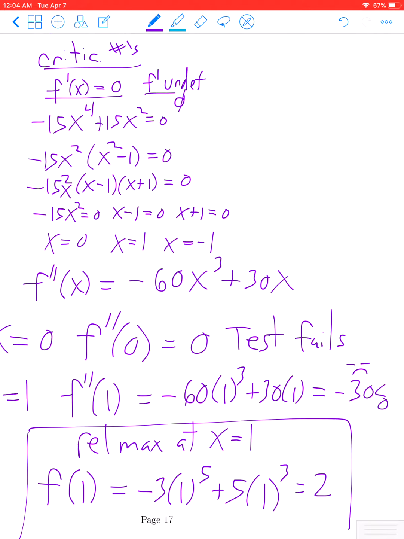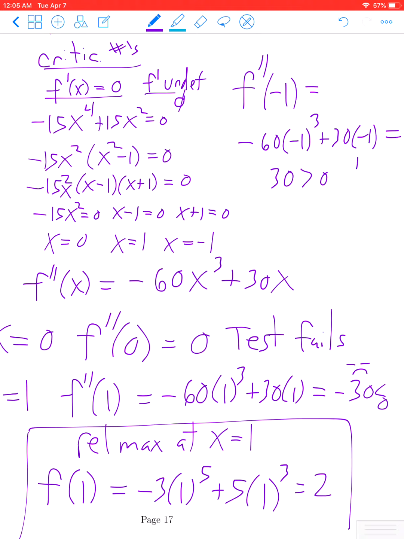Let's see what's going to happen with negative 1. If I look at f double prime of negative 1, this would be equal to negative 60 times negative 1 cubed plus 30 times negative 1. And this would be equal to positive 30, which is greater than 0. If the second derivative is positive at a critical number, then that's going to be a relative min.